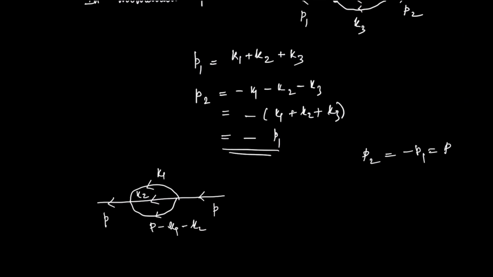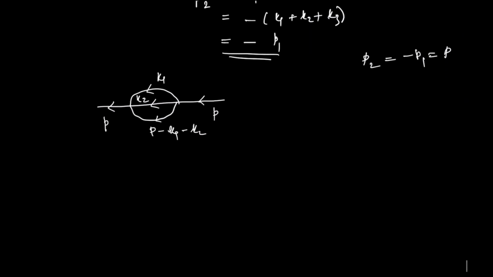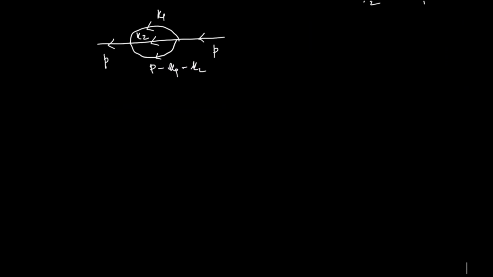Now for this diagram I have to write the expression. So for each vertex I have to associate minus I lambda. So there are two vertices here, interacting vertices. So I lambda square. And here, how many undetermined momentums are there? There are two, K1 and K2, right?